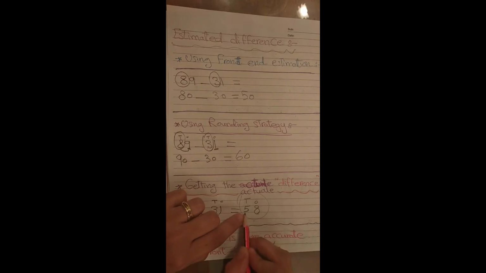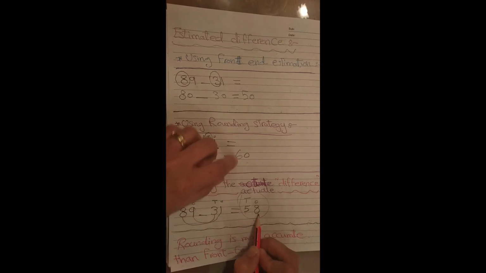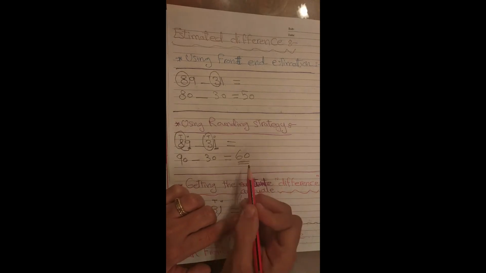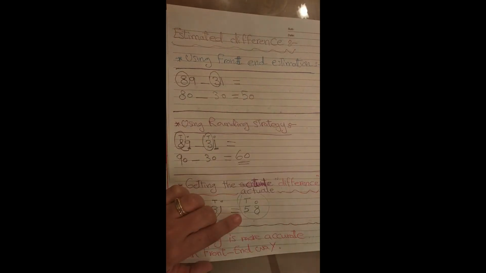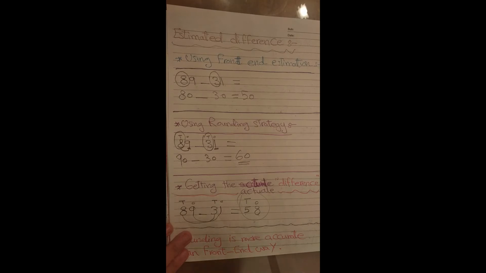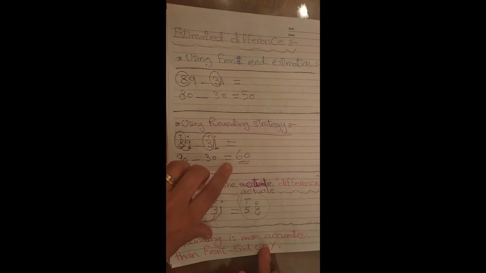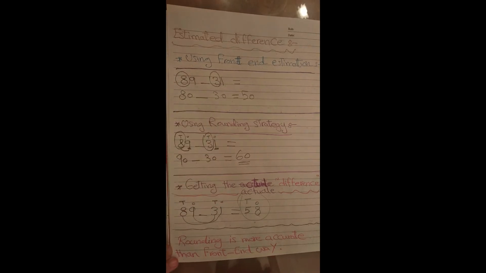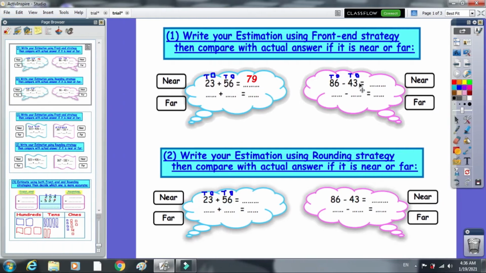If we compare the 58 with 60 and 50, we will find that it's closer to 60 than 50. So that rounding estimation gives us a more accurate result than the front end estimation. So that rounding is more accurate than the front end way.